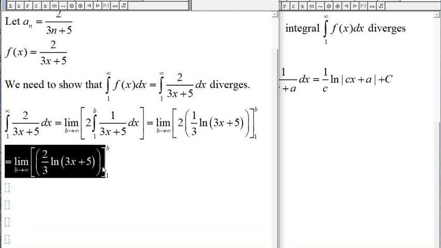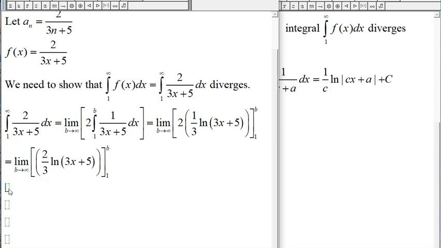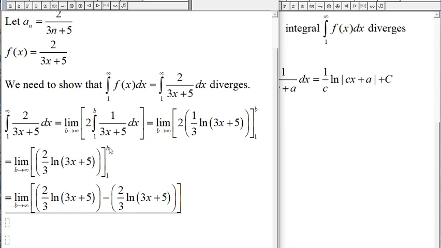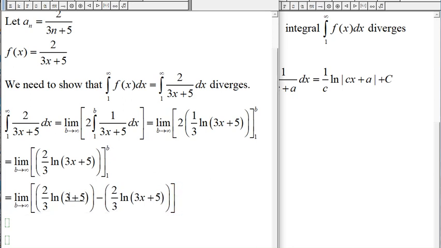And then now we evaluate from 1 to b. So first, let's evaluate it with b. In the place of x here, we have b. And then the lower limit of integration is 1, so in the place of x, we have 1.